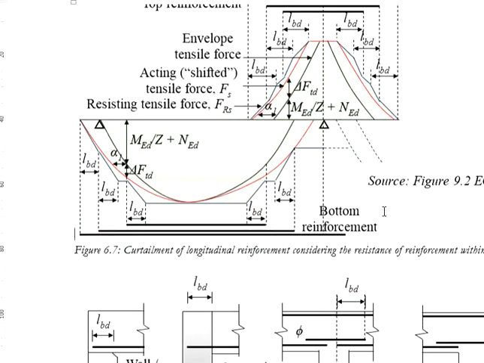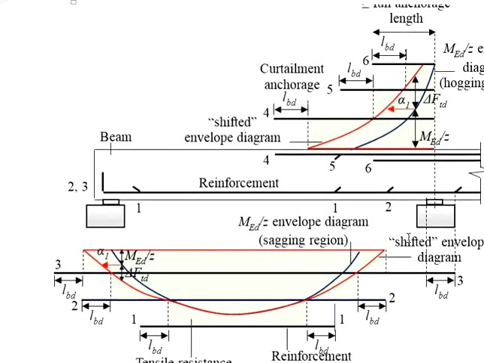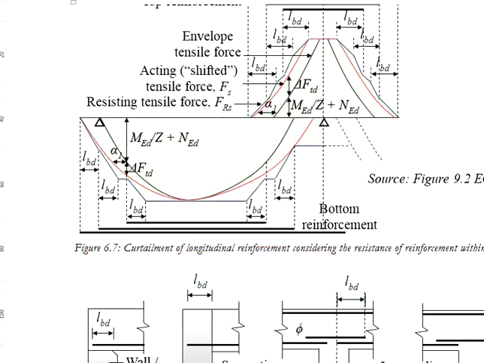This is the major difference between the model given by the Eurocode and the model that we discussed previously as the simplified model. In the simplified model, you find the locations where you need to provide the resistance plus an offset of the anchorage length. However, Eurocode takes into consideration the development of the stress along the anchorage length. That means you don't have to offset the anchorage length.